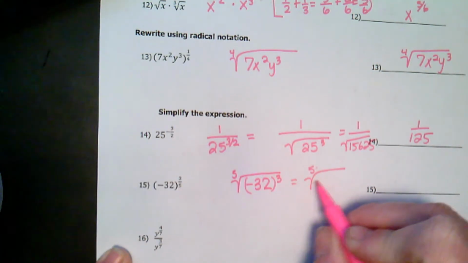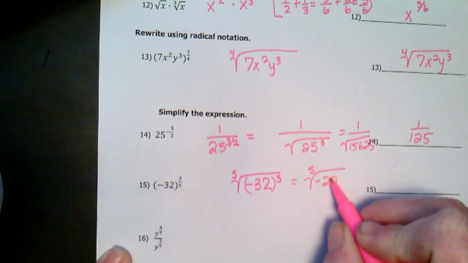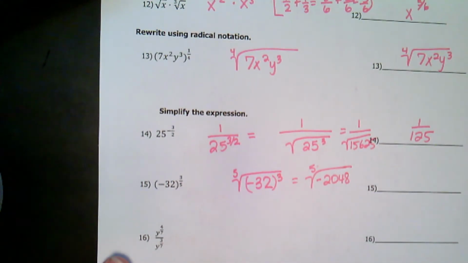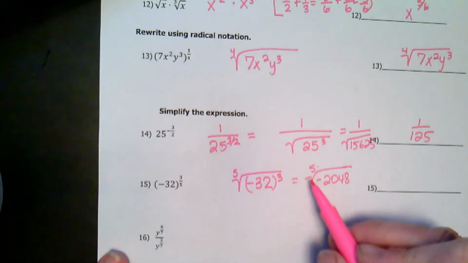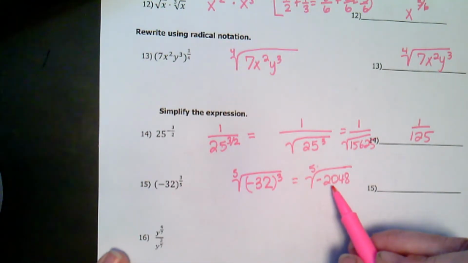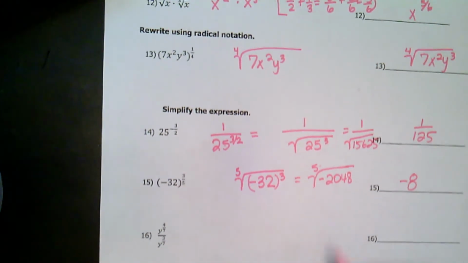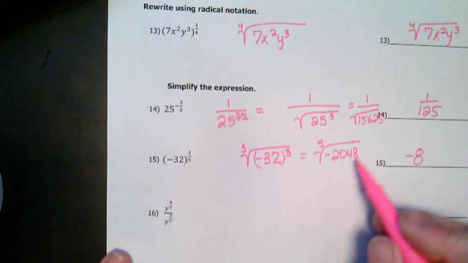And that's negative, negative, negative. Makes this. And then the fifth root of a negative 2048 is negative 8. And you can punch these in your calculator. I don't expect you to know those.